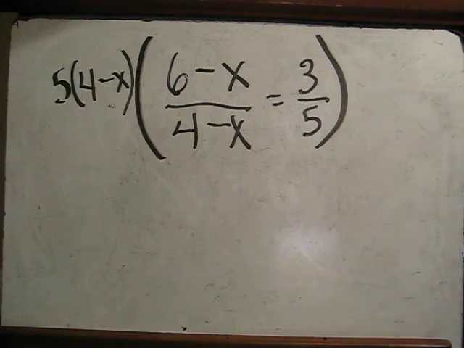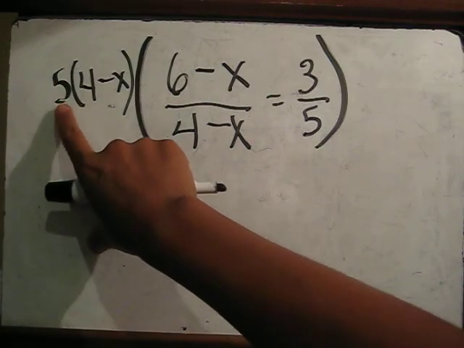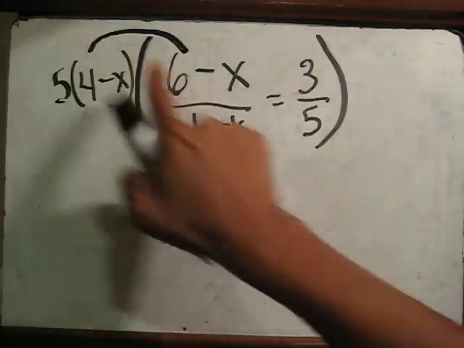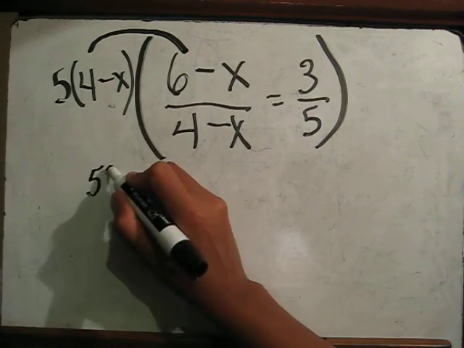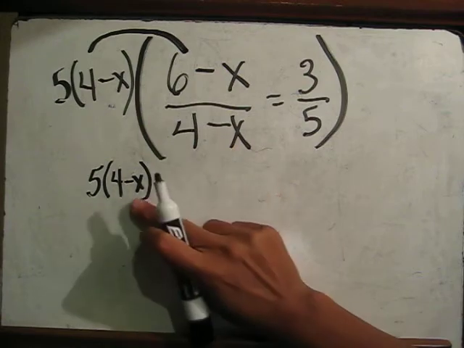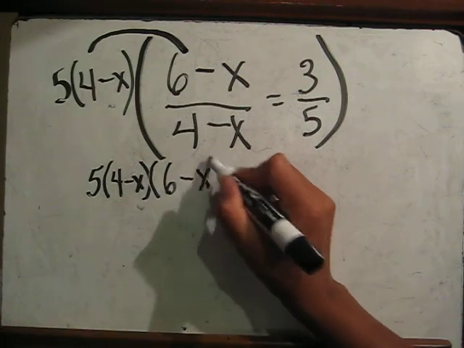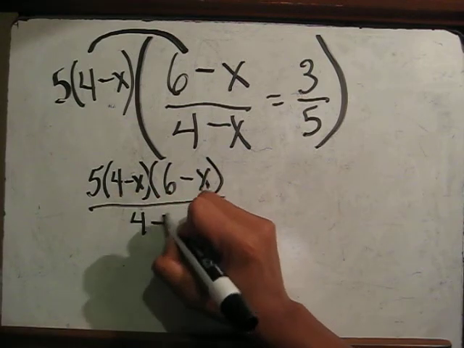Okay, now this looks pretty complicated. It's actually not, okay? Because when we distribute this guy to this fraction, it looks like this. If we had to rewrite it: 5 times 4 minus x times 6 minus x over 4 minus x.